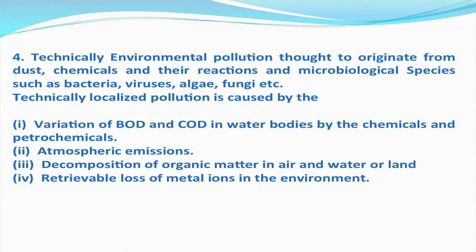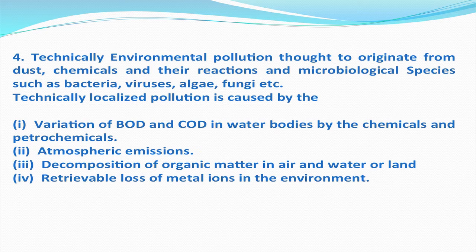Number two is atmospheric emissions. Now, atmospheric emissions can happen from several sources. One is natural sources like volcanoes, which generally throw out a lot of chemicals in the environment, including dust, that is silica and silicate particles, and aluminum, iron and several other pollutants.